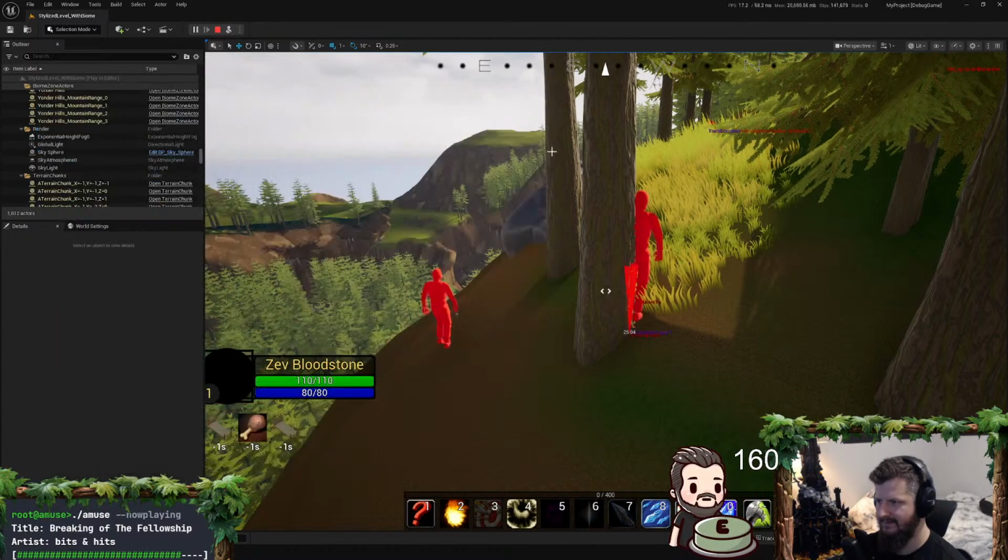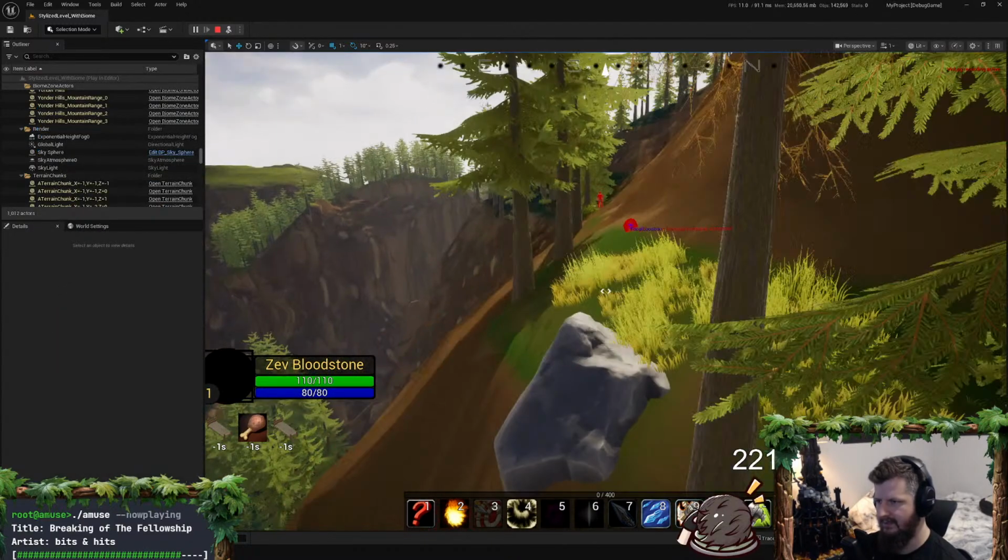Yeah, they suck walking up hills, so we need to fix that.